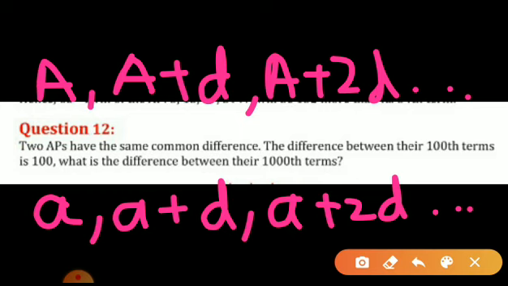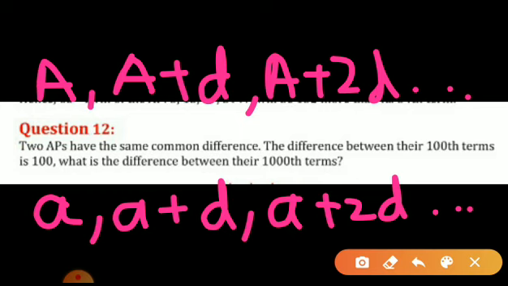Now what they have given is that the difference between their 100th terms is 100. That means what will be my 100th term of the first AP? Will it be capital A plus 99D? Yes. And what will be my 100th term of the second AP?